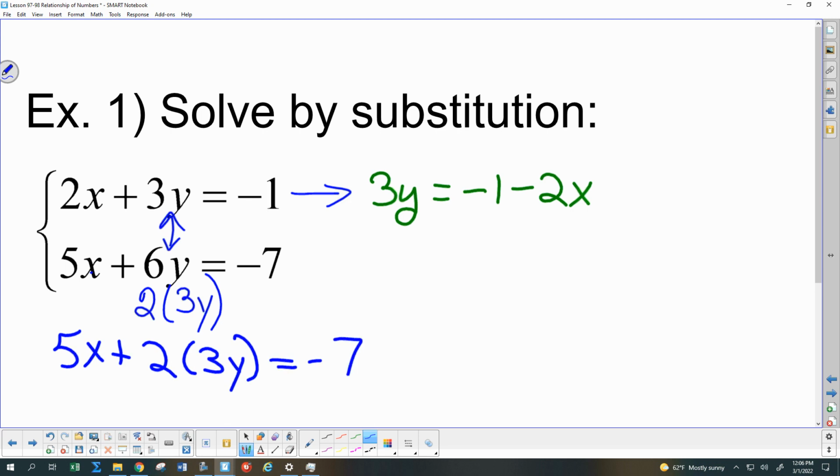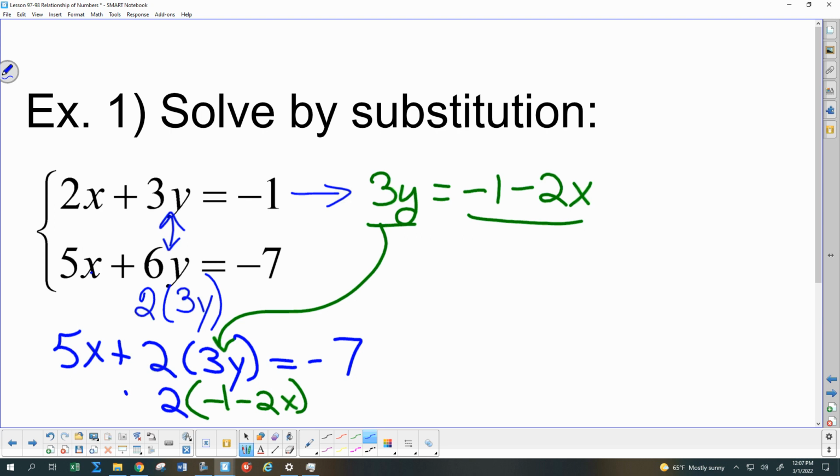So if I want to plug my -1 minus 2x in for this 3y, that would be okay to do, and that's advanced substitution. So I'd change this 3y to a -1 minus 2x, and I'd remember that the 6y is really 2 times 3y, so 2 times what I just plugged in, keep the 5x, and keep the -7.